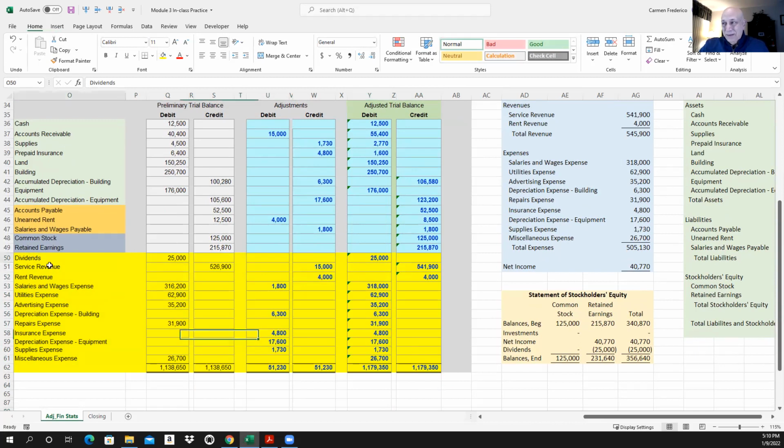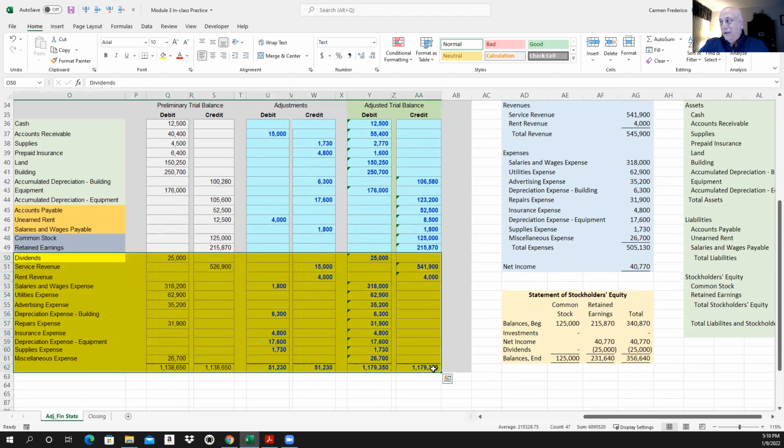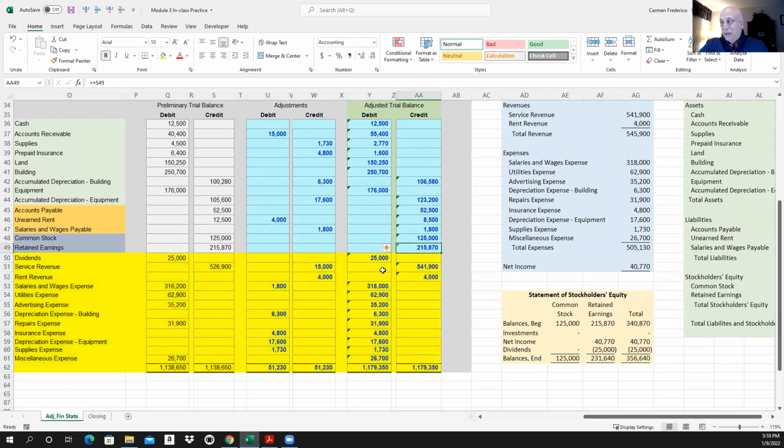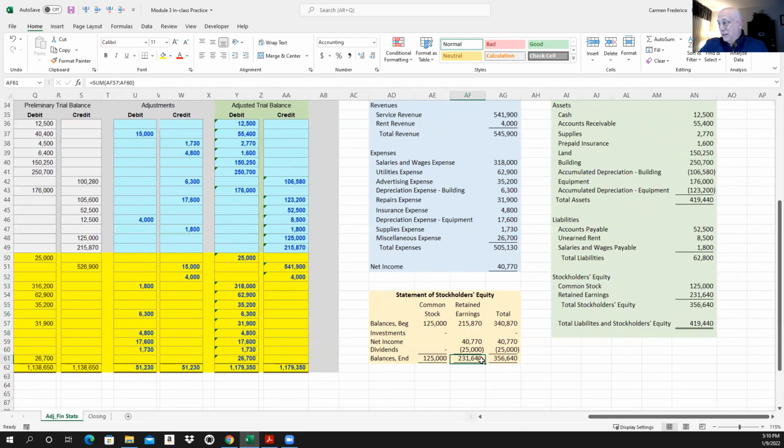Because all these accounts that are below the retained earnings line impact retained earnings. We're going to roll all the money in these accounts into retained earnings by doing the closing process. So at the end of the period, we want our retained earnings balance to be 231,640.